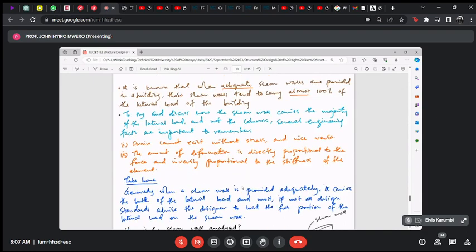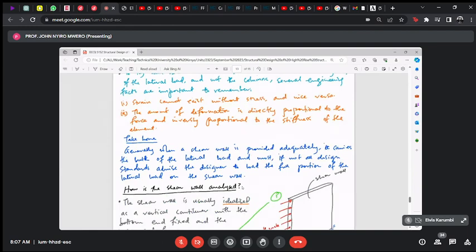And most standards, we said, allow the designer to load 100% of the lateral load onto a shear wall, and to design the shear wall to carry 100% of that lateral load.